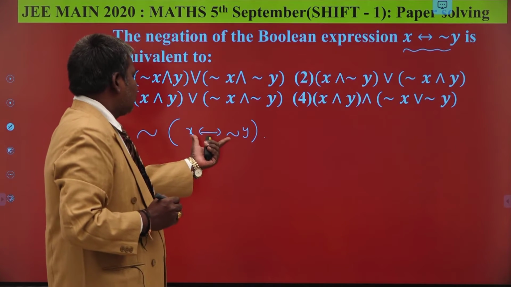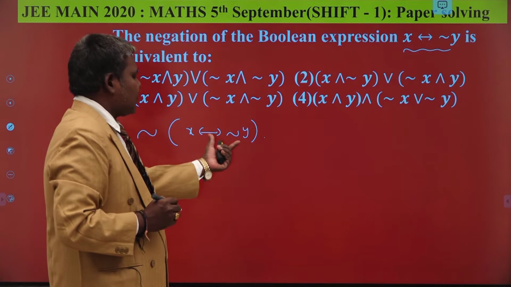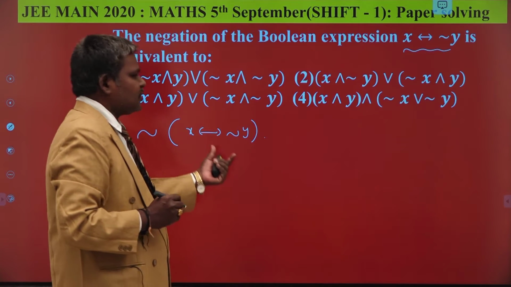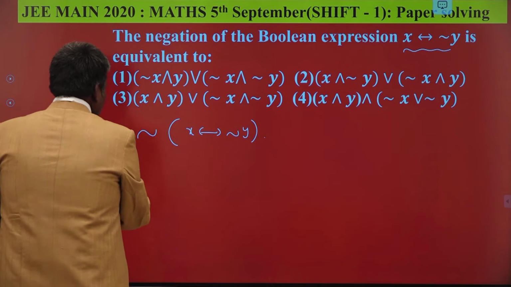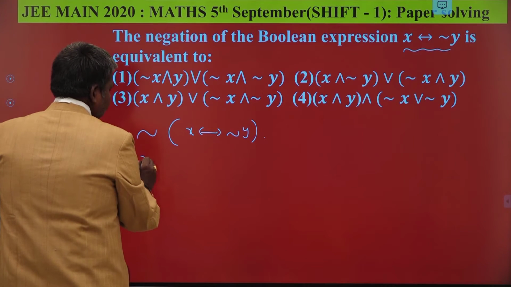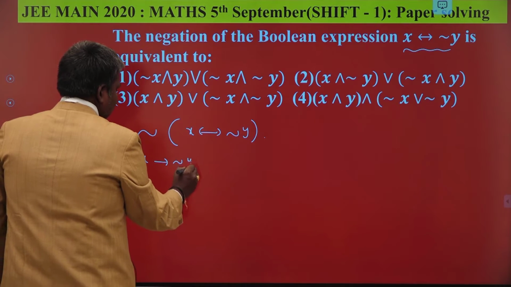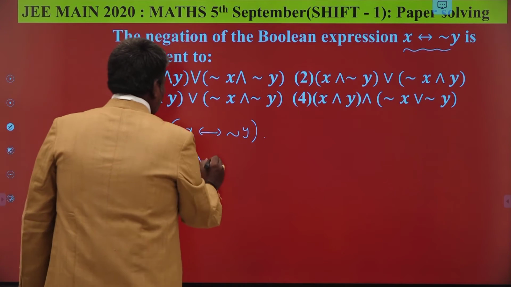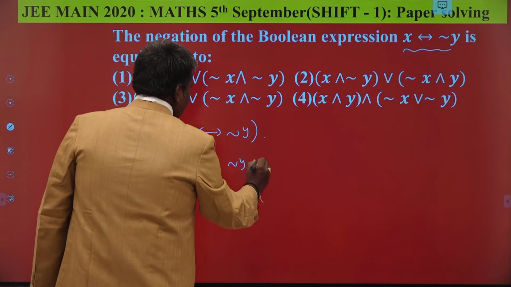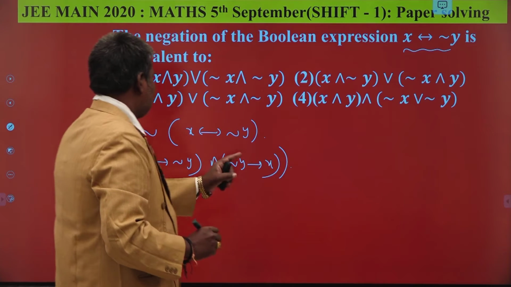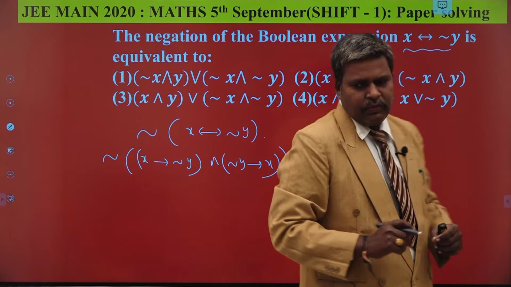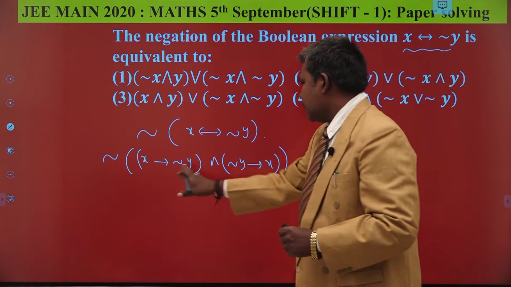First of all, p bi-implication of q means p implies q and q implies p. So, this is equivalent to negation of x implies negation of y, and negation of y implies x. First we are applying the definition to this one.